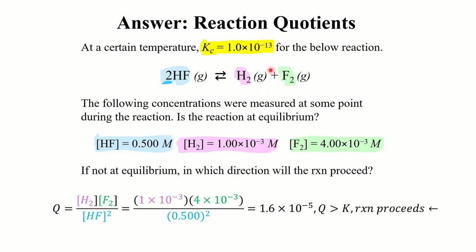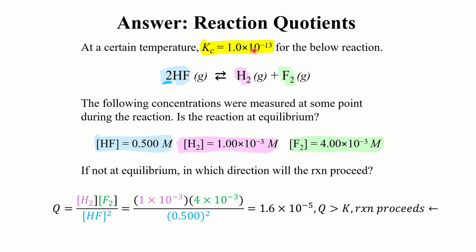Note that the coefficients become the exponents in the Q expression, just like they do with K. Then I can plug in the values given: 1.00 times 10 to the negative third for H2, 4.00 times 10 to the negative third for F2, and 0.5 for HF. When I plug this in and solve, I get a value of 1.6 times 10 to the negative fifth.